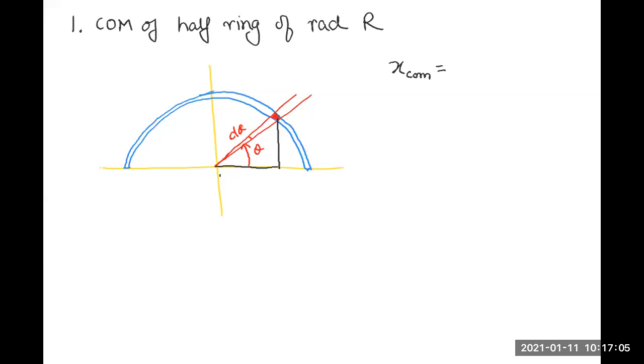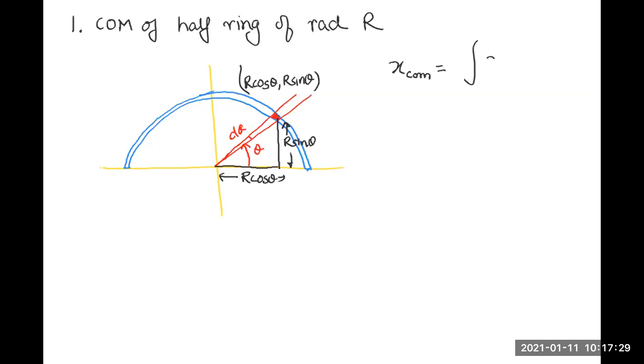Well, the simple right angle triangle. This must be r cosine theta, and this must be r sine theta. Right? So the x coordinate and y coordinate of this element is r cosine theta, comma r sine theta.